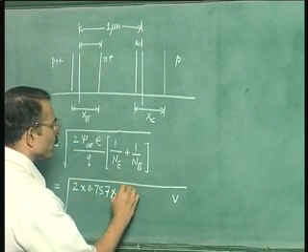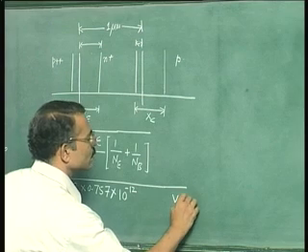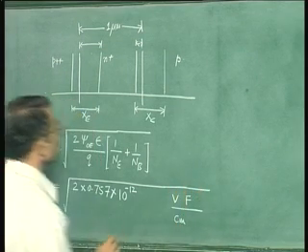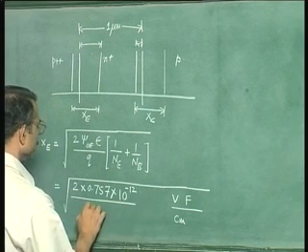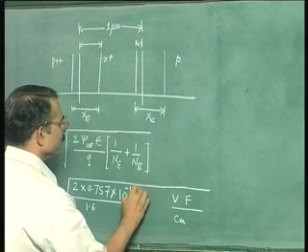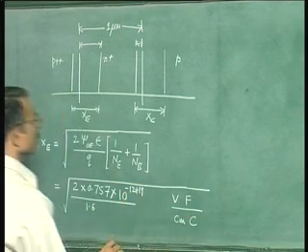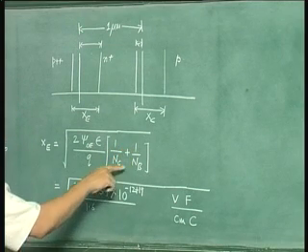This whole thing can be approximated as 10 power minus 12 farad per centimeter. Divided by Q, which is 1.6 into 10 power minus 19 coulomb. The minus 19 we club with this power here. So this is coulomb. And then 1 by Ne plus 1 by Nb.